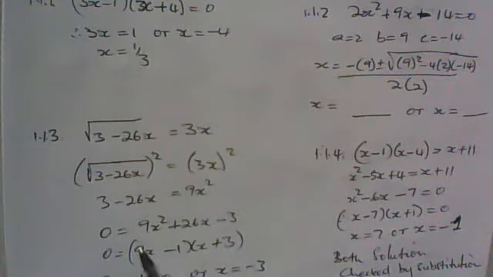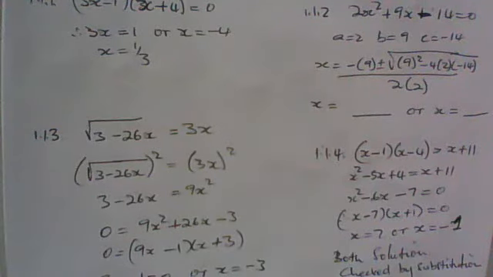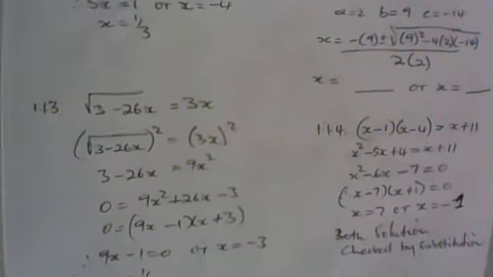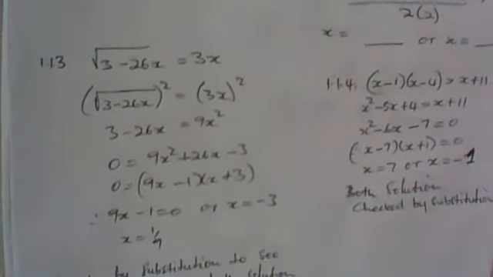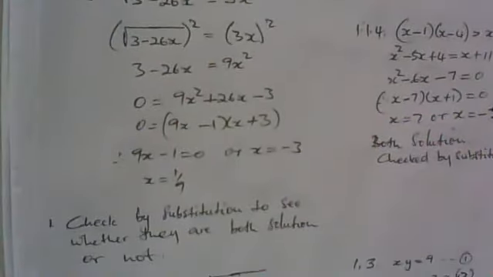The factors of 9 times 3 is 27, and the difference is positive 26. Therefore, the factors are 9x minus 1 and x plus 3. Then your x is equal to 1 over 9 and x is equal to minus 3. Now, here you have two values of x.